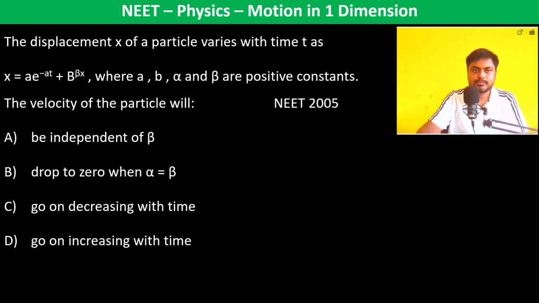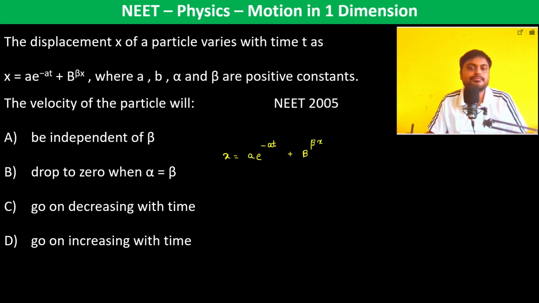The displacement x of a particle varies with time t as this. So x is equal to a e to the power minus at plus b to the power beta x.